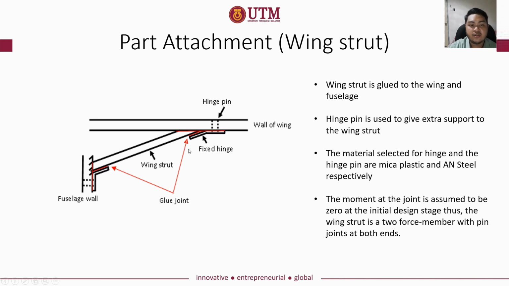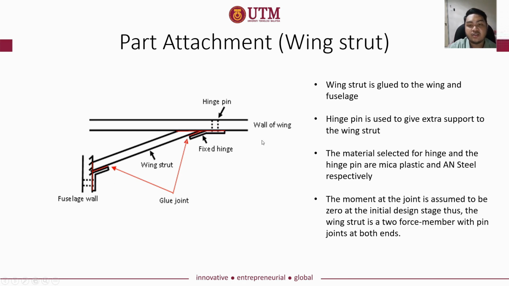For the wing strut, we will be using glue to attach the wing strut to the wall of the fuselage and also to the wing, where the red color indicates the area for the wing strut to be glued. And then we are using a fixed hinge with a slight angle for the attachment of the strut with the wing and also fuselage.